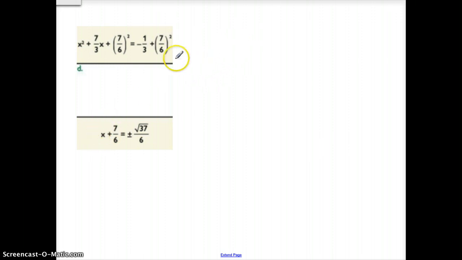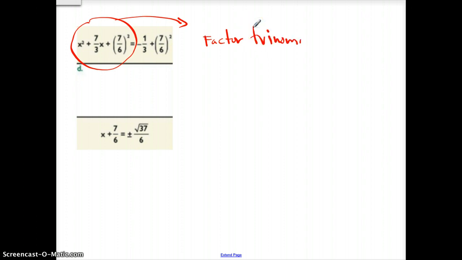What I did was use the Xbox method. So here, I'll say factor trinomials. We factor trinomials by using the Xbox, and I'll have 7 over 6 squared, which is 49 over 36, and on the bottom 7 over 3, and the only two numbers that work are 7 over 6 and 7 over 6.